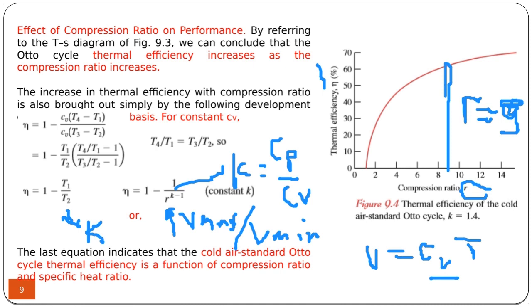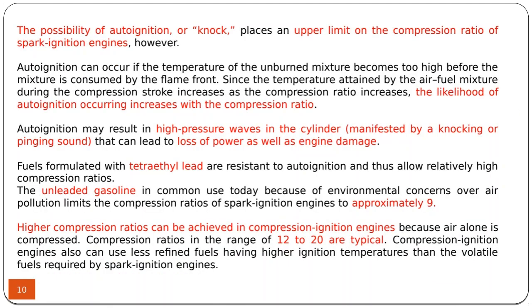However, the auto ignition or knock process can be delayed by adding some fuel additives. In the past, one of the fuel additives was tetraethyl lead. They were adding tetraethyl lead inside the gasoline, which was delaying the knock process, so that the compression ratio was higher than 9.